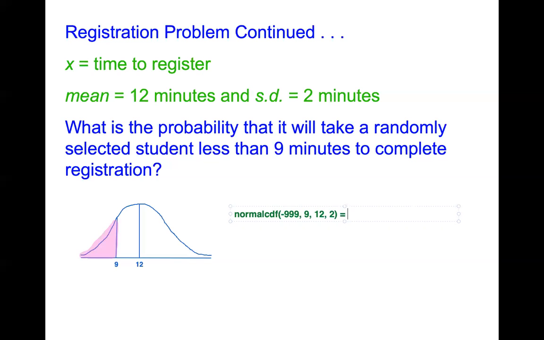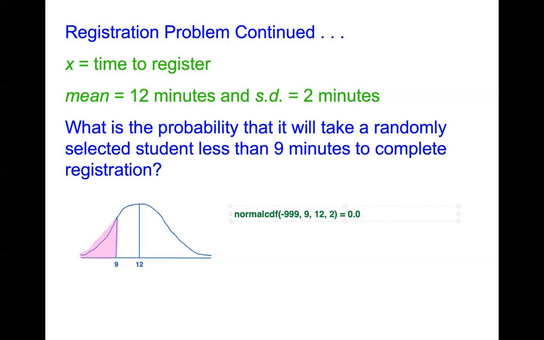Yeah, it's 1... wait, really? Give me like 4 decimals. Make sure you change the mean and standard deviation. All right, so it's 0.0227 or 8.